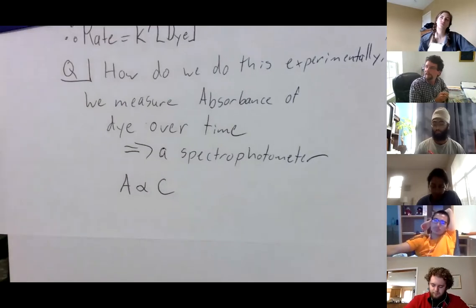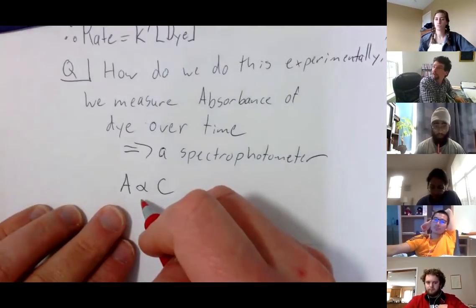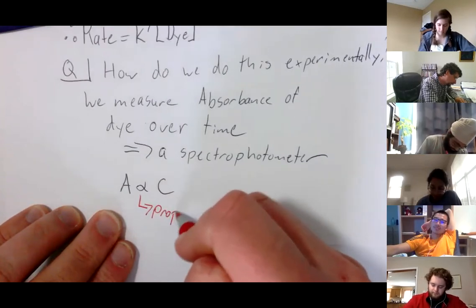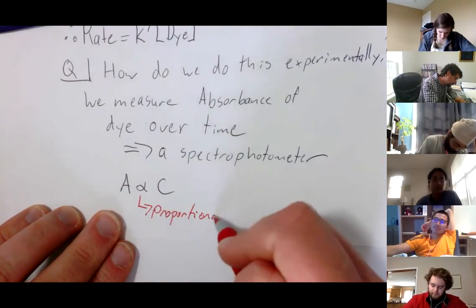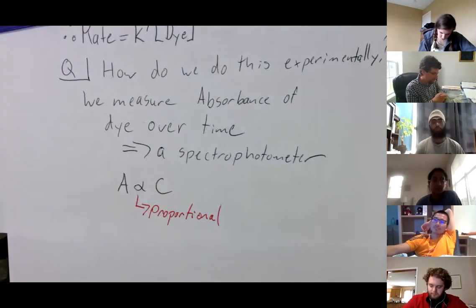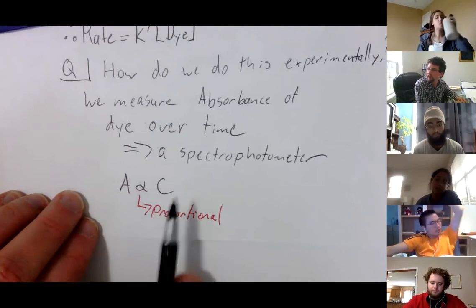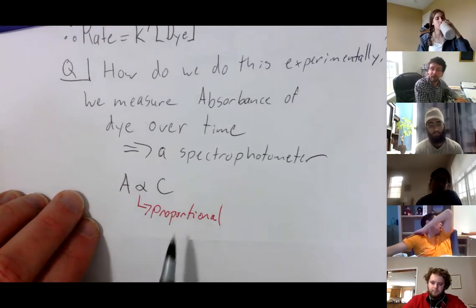So this little Jesus fish, this means proportional. But we want to change that from a proportionality to an equal sign. Anybody know how we do that?